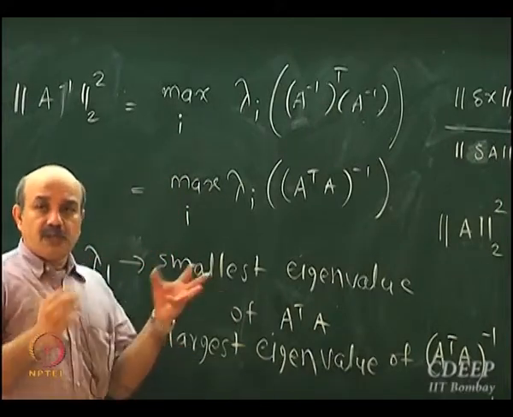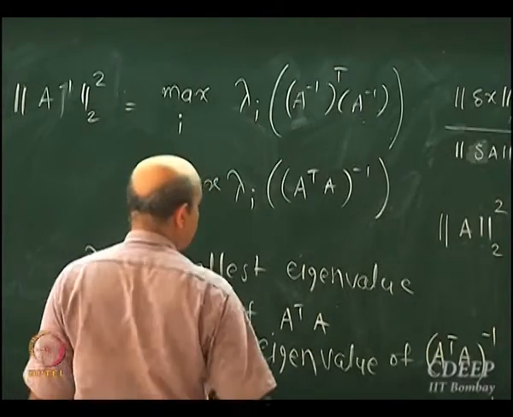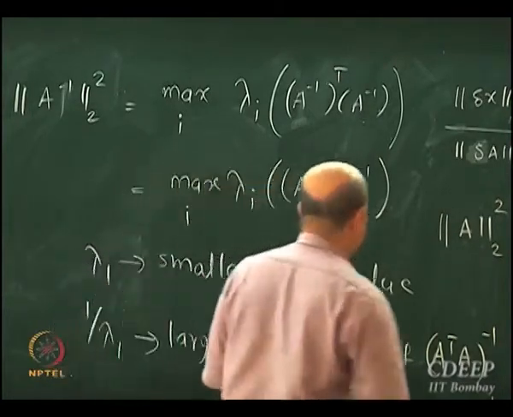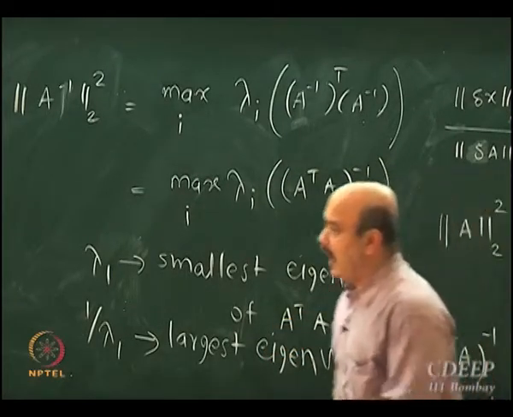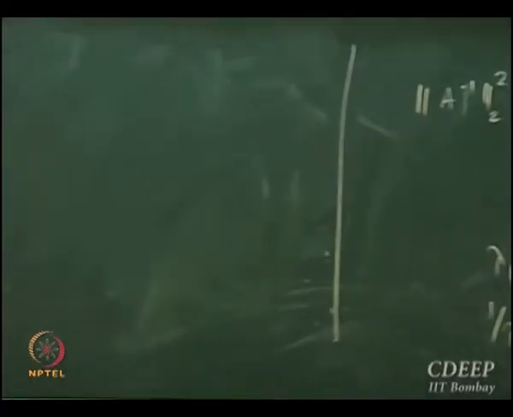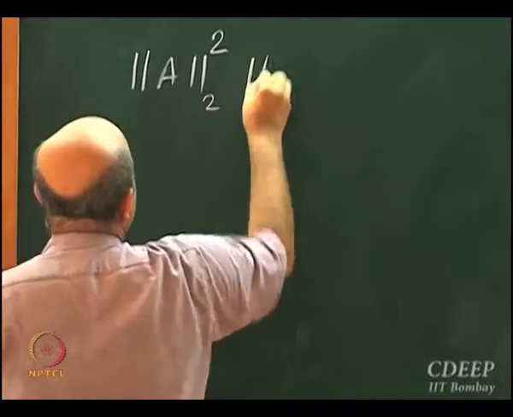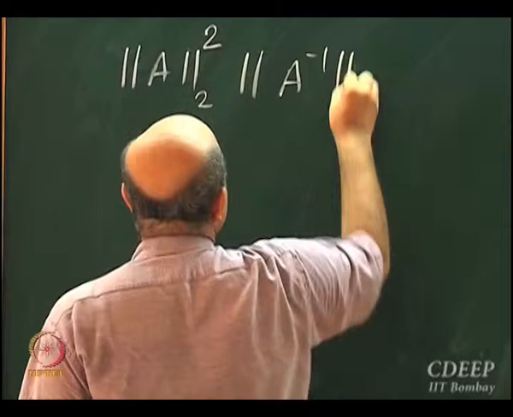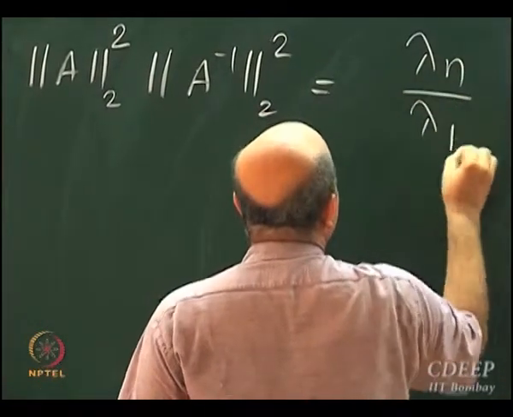So now what I need to do is combine these two things and come here. So norm A2 square into norm A inverse 2 square seems to be equal to lambda n by lambda 1.